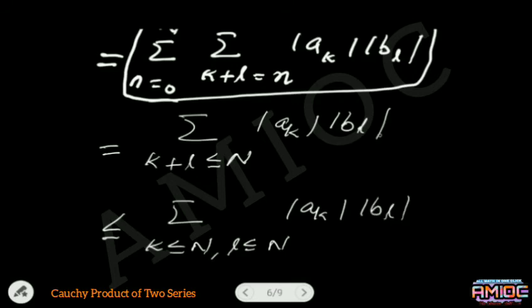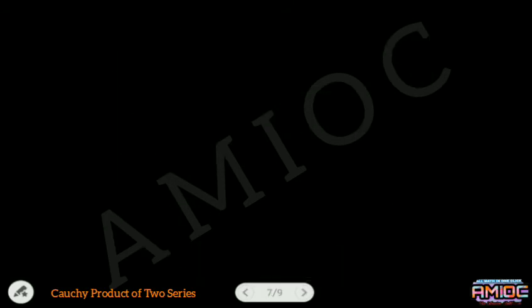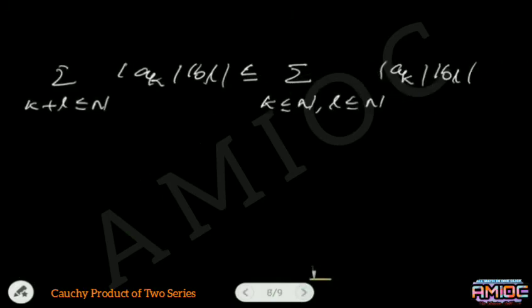That means the sum in this expression will be less than or equal to this sum. Let us look at why this result holds. We want to know why this result holds.